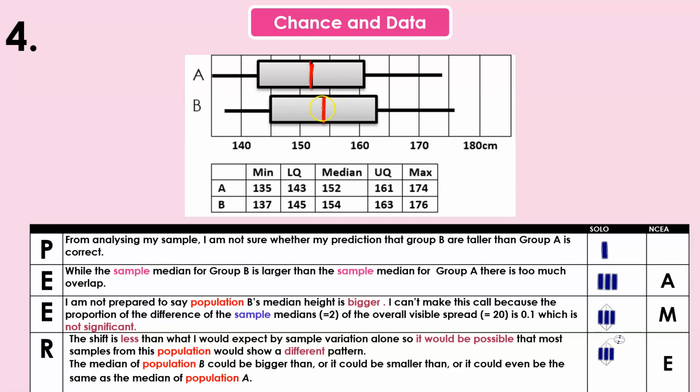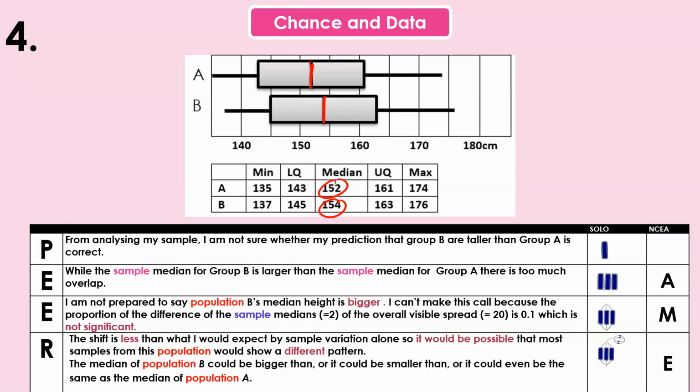We're still getting that the median of B is greater than the median of A, but it's so close that if we took another sample, would it be the same? While the sample median for B is larger than the sample median for group A, there's too much overlap. I'm not prepared to say population B's median height is bigger.